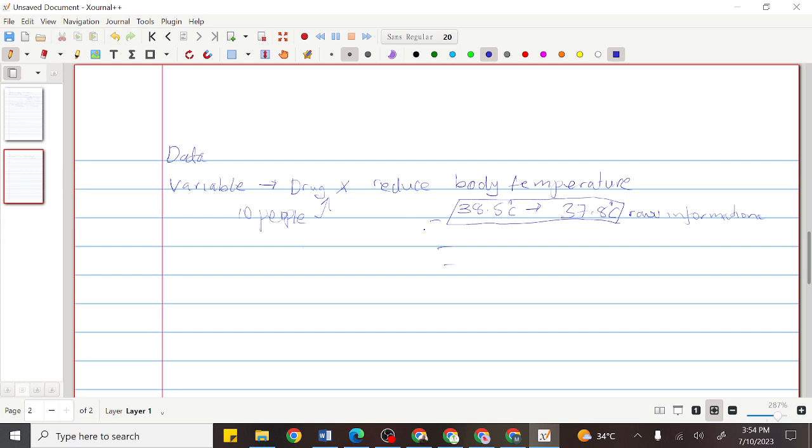All that data is what you can term as raw information. Okay, so data is basically raw information that is collected on different variables. Anything or any attribute or characteristic about any phenomena, about any physiological process, about anything that varies is what we call a variable.